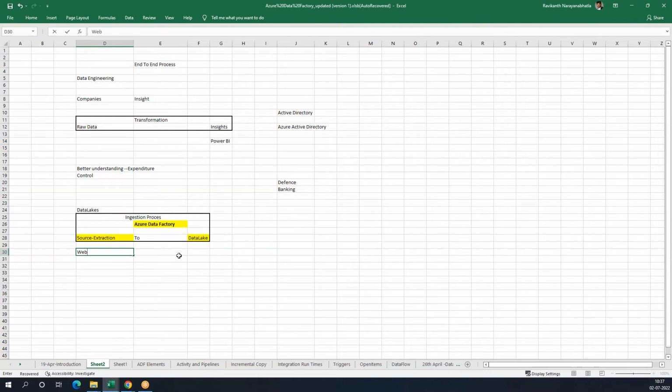So you extract, pick that data up and ingest it into the data lake. That's why I was mentioning source extraction to data lake. This process is called the ingestion process, where we extract the data and ingest it into our data lake. Okay, and now comes the actual transformation.